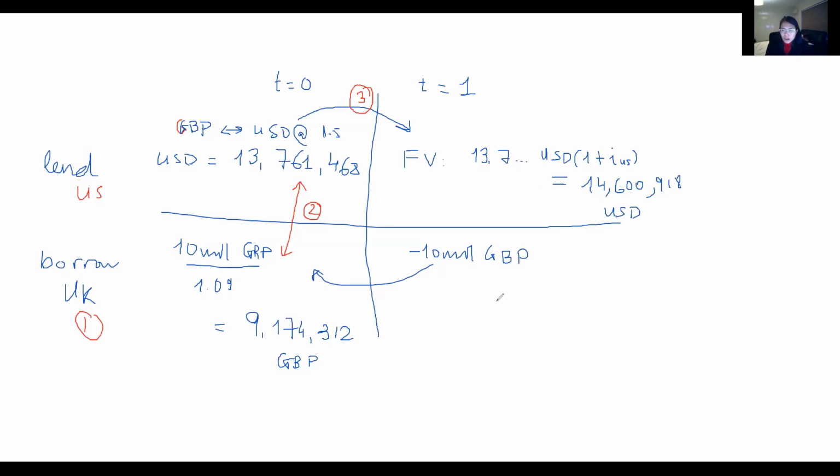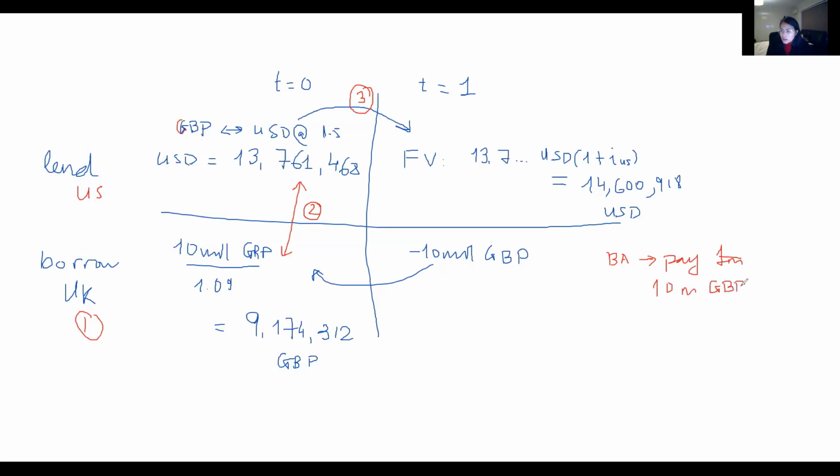So in 1 year's time, what happens is the counterparty is going to pay me 10 million pounds, and I'm going to use that payment. So in the future, British Airways is going to pay me 10 million pounds.